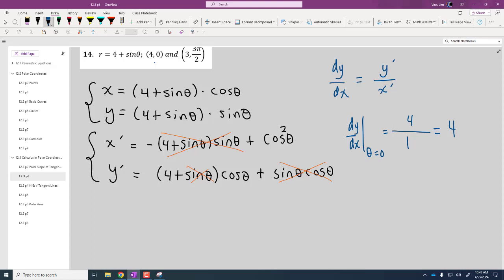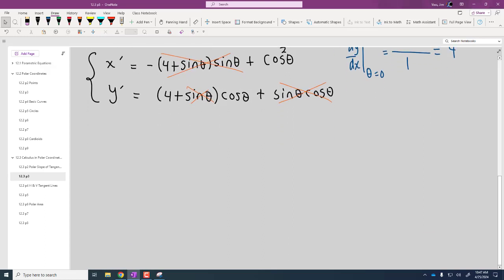And then let's do the same thing at 3 pi over 2. So let's find dy dx at 3 pi over 2. So theta equals 3 pi divided by 2. Okay, 3 pi over 2, we have a slightly different set of pieces that are going to be 0.